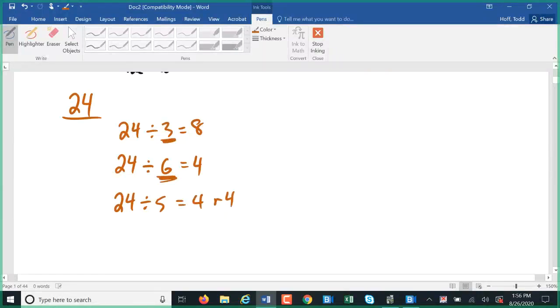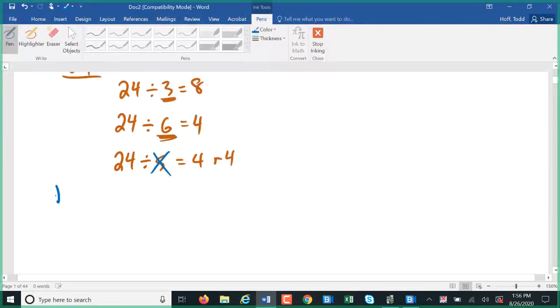Or 4.8 or 4 4/5, however you want to work it out. 24 is not divisible by 5 because it has a remainder when we divide. A factor is just any number that it's divisible by.